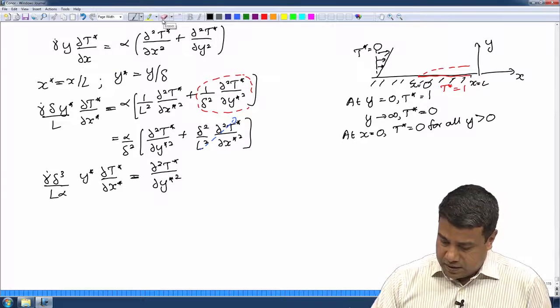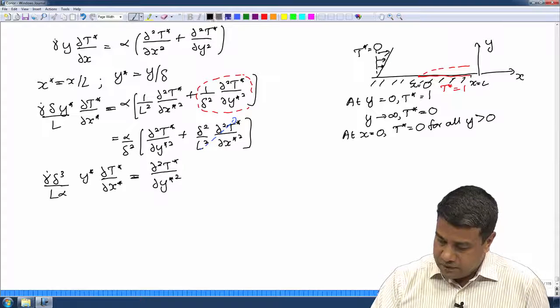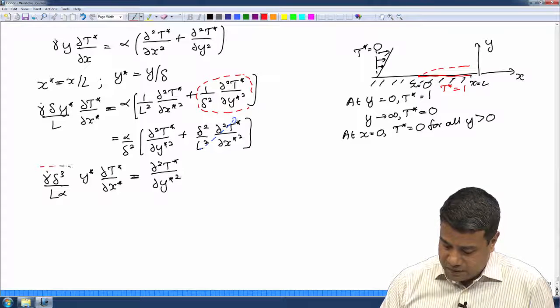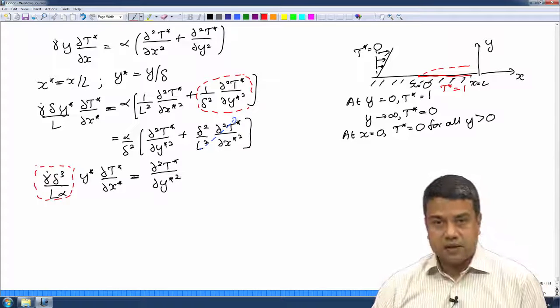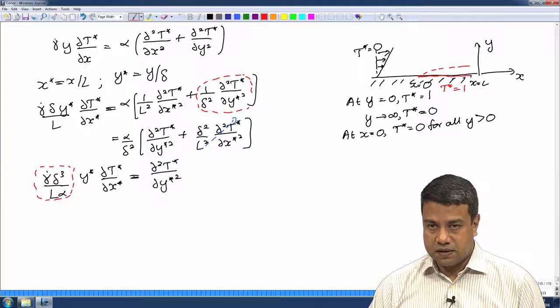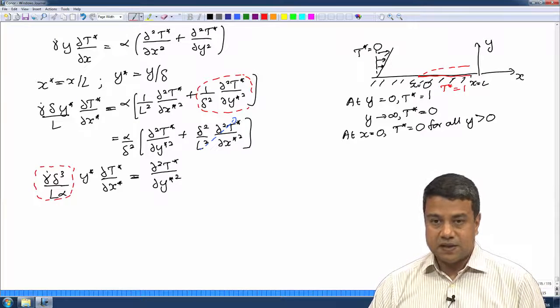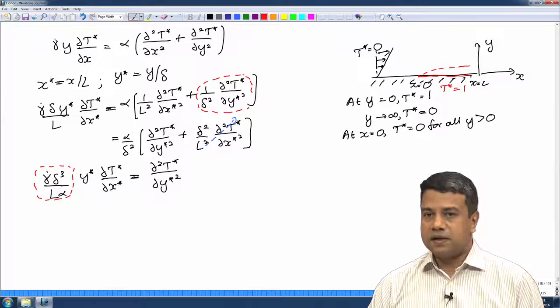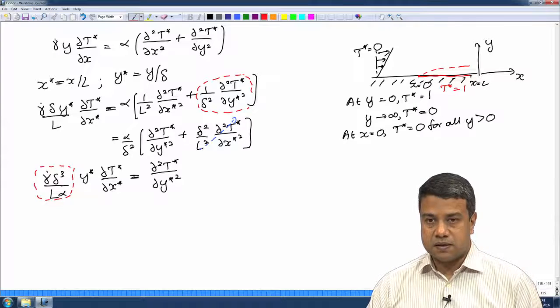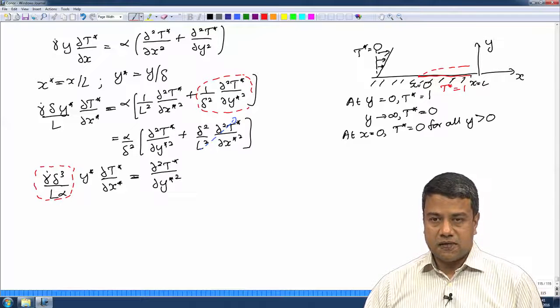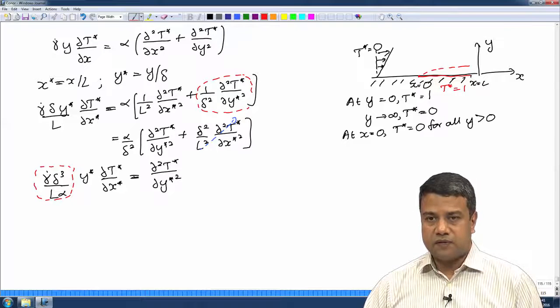And now this thing, okay, for a balance between convection and diffusion, even in the limit as the Peclet number becomes larger and larger, you require that this term is finite. Okay. The term in the red box has to be finite even in the limit as the Peclet number becomes larger and larger. So, that within the governing equation itself, convection and diffusion continue to be of equal magnitude as the Peclet number becomes larger and larger.